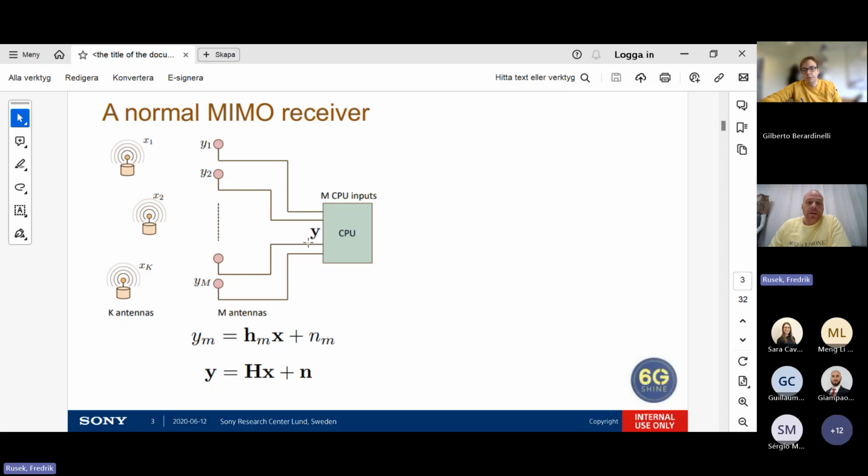So the incoming signal Y would just read the familiar MIMO equation, Y = Hx + N. The issue is that if M is super large, then you have M observations, which is a big vector, and you have many subcarriers. So the transfer rate that you have to provide the CPU with can become prohibitive.